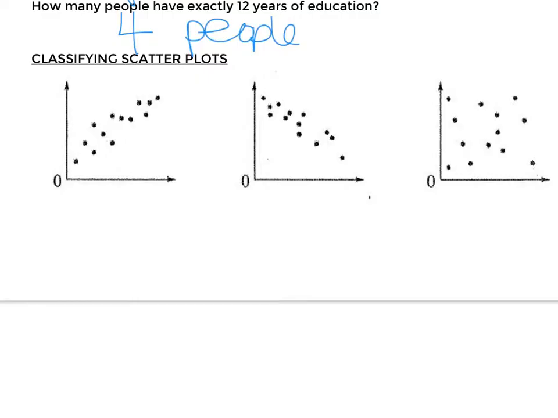The first type of scatter plot that you can see, all of these points kind of look like they're going upwards. That would be what we call a positive correlation.